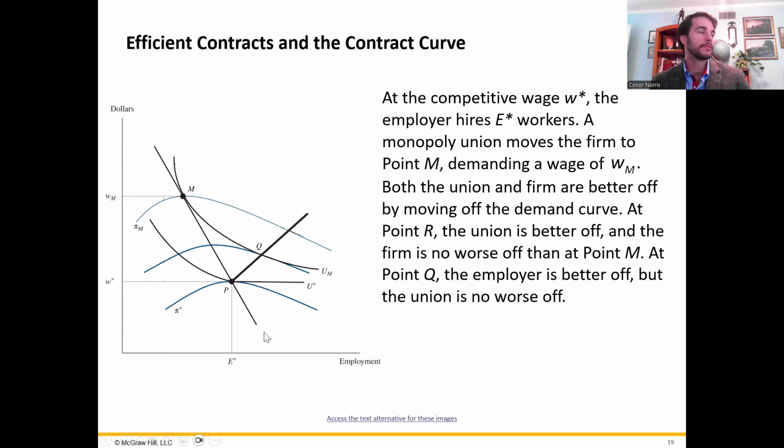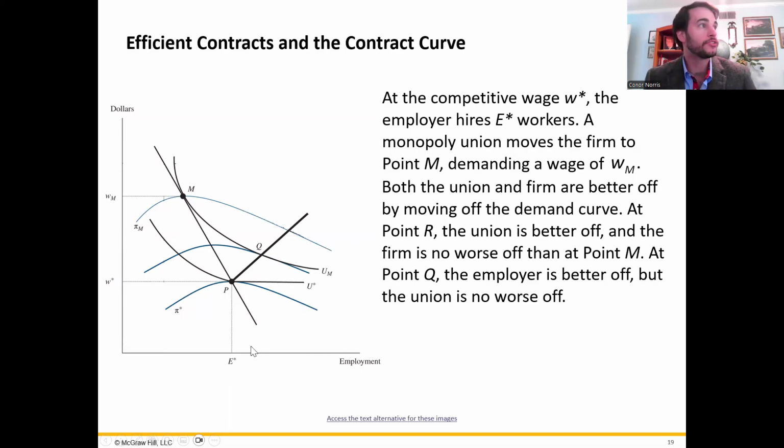This is along the labor demand curve, where the indifference curve at this utility level UM for the union is tangent to that curve. This is a higher wage, and there's a lower level of employment up here.